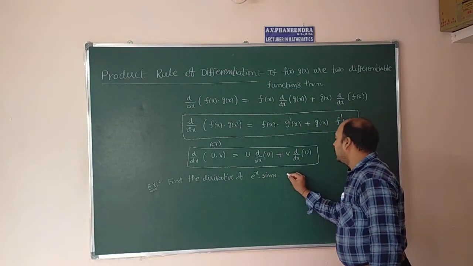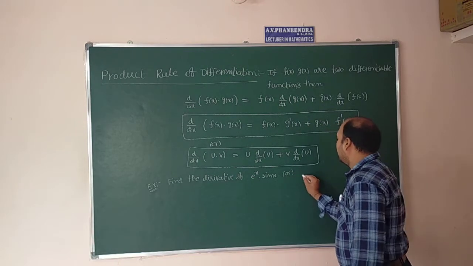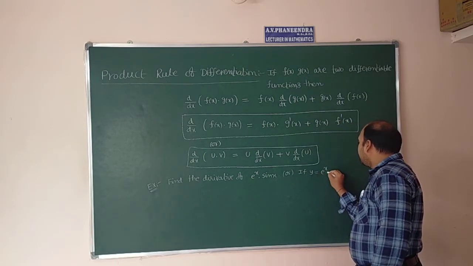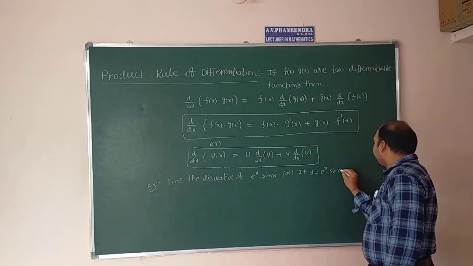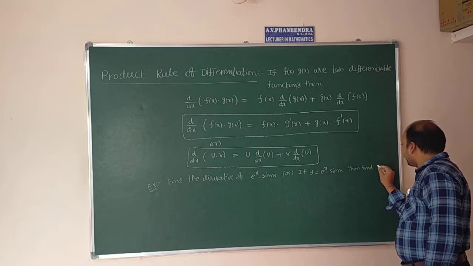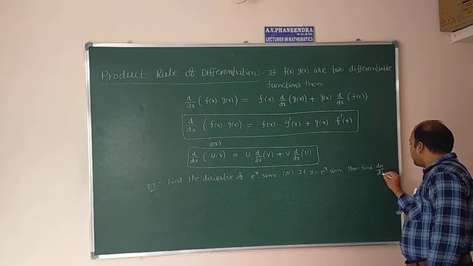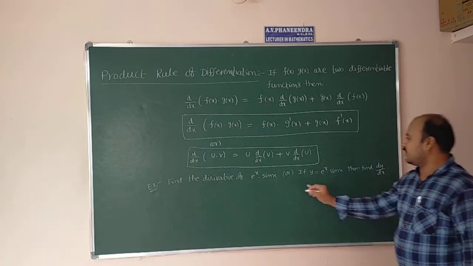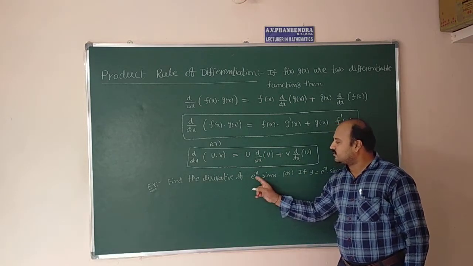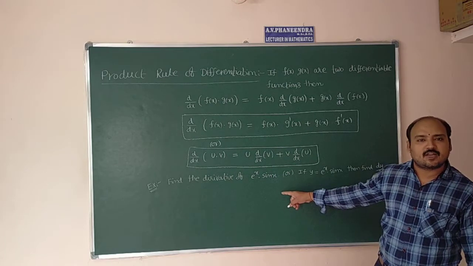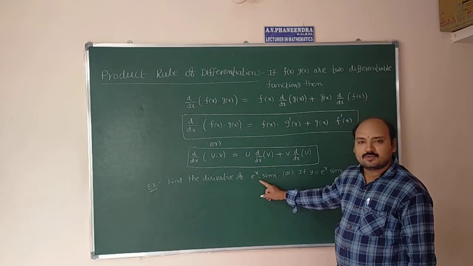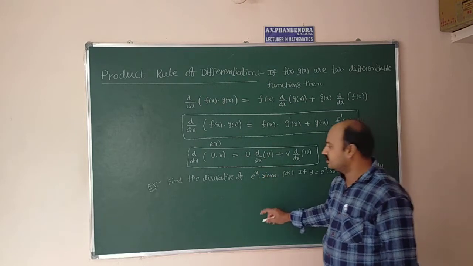Otherwise, they will ask the question in this way also: if y is equal to e power x into sin x, then find dy by dx. In whatever form they ask, you have to apply the rule. Here e power x is one function, sin x is another function. Observe that it is a product of two functions.